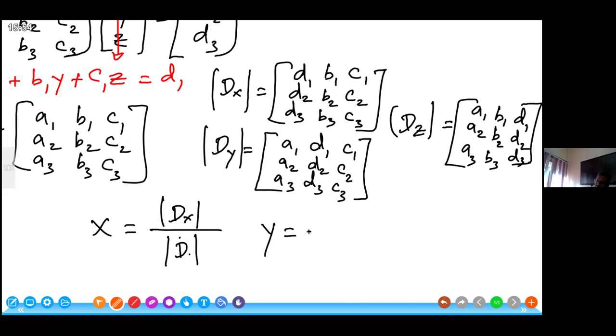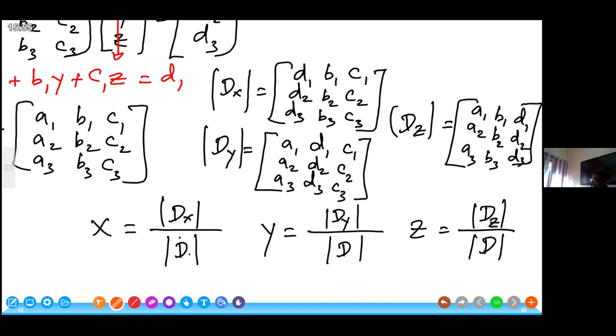Y value will be determinant of dy divided by determinant of D, z value will be determinant of dz divided by determinant of D. Any questions?